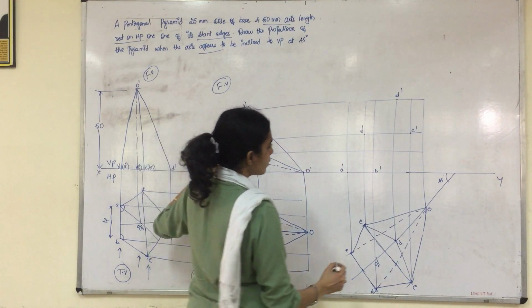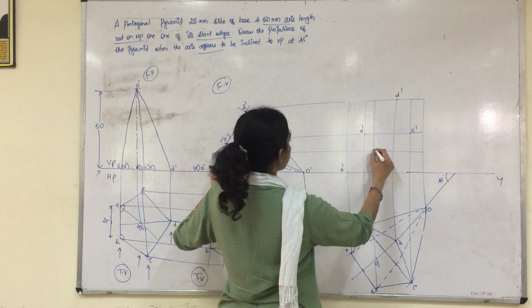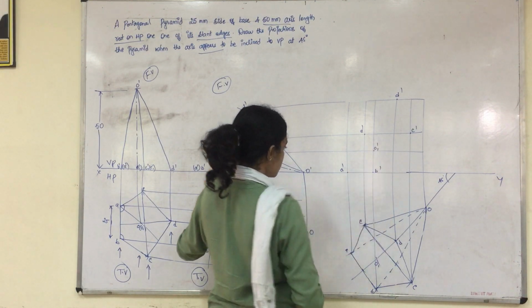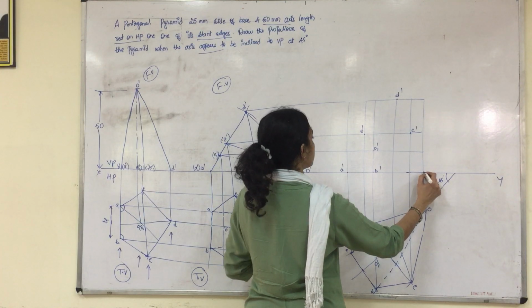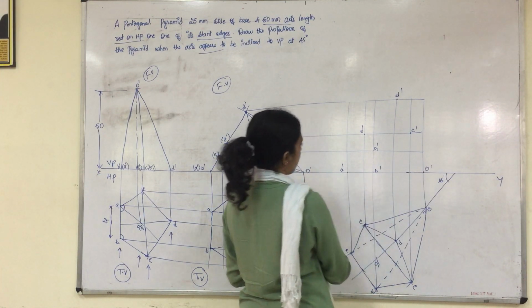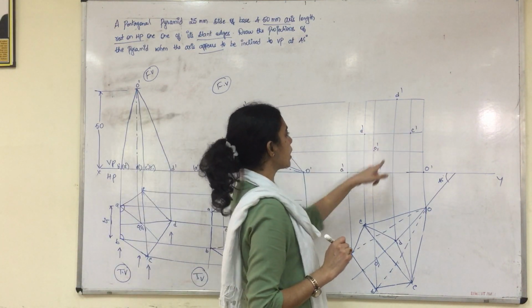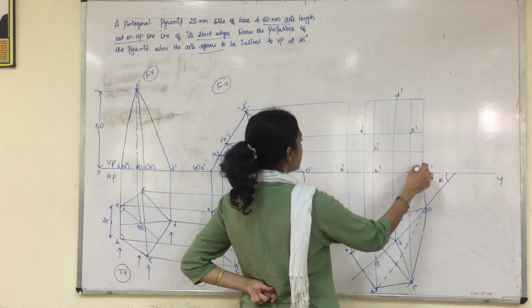Okay, along with that we have the center O1 which is meeting O1 dash at this point. So this is our O1 dash. Along with that we have the apex O which is meeting O dash here. So this is our O dash. So now we got all the 5 corners of the base of the pyramid and the center and the apex.